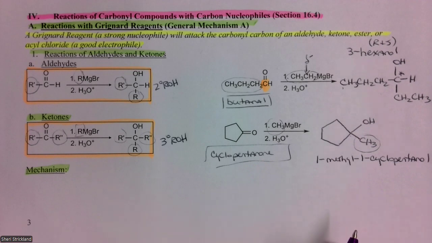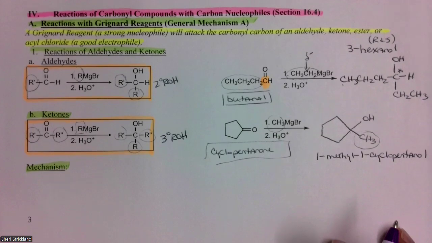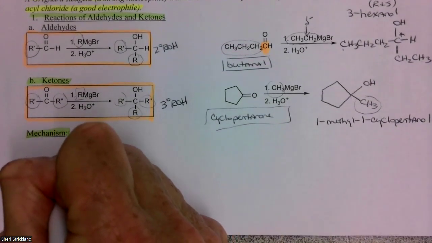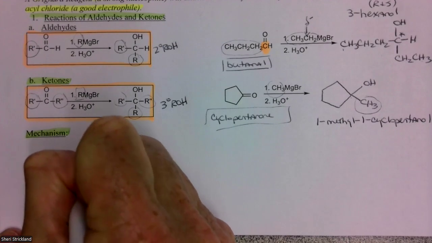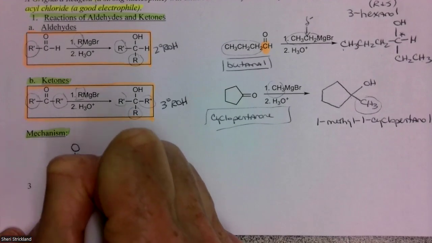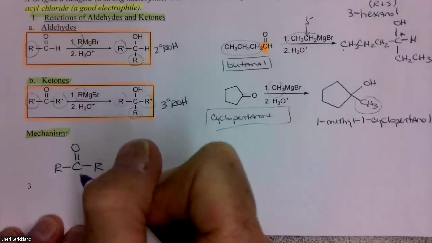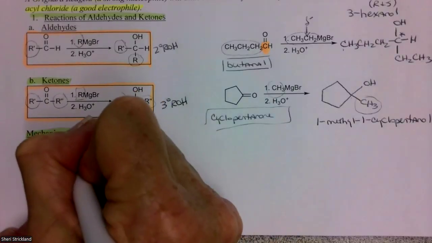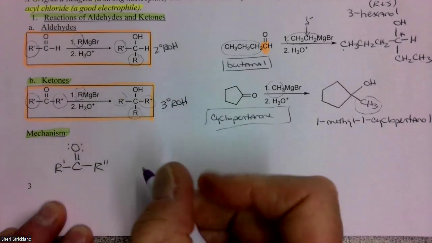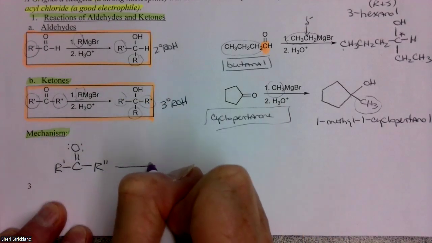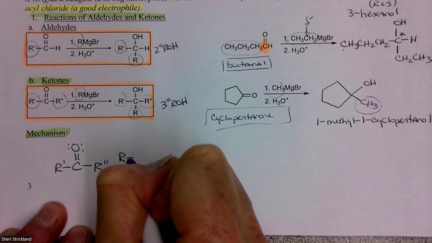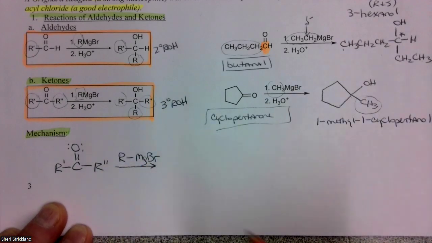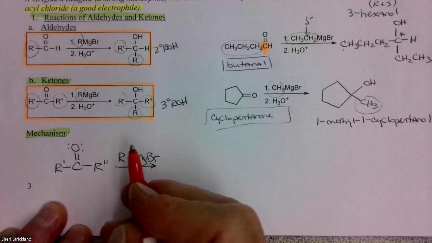Okay. All right. So let's take a quick look at the mechanism because it's very short and would be the same whether you were talking about a ketone or an aldehyde. So I'm going to do it this way so it will represent both. So the carbon is directly bonded to the magnesium, uses the electrons in the carbon-metal bond here.